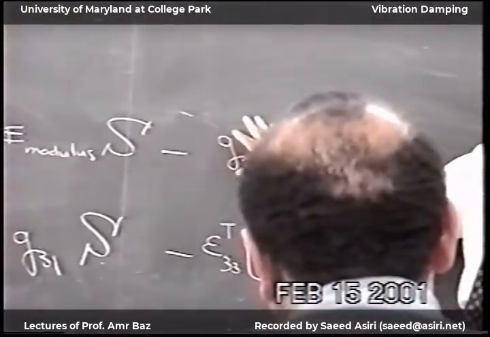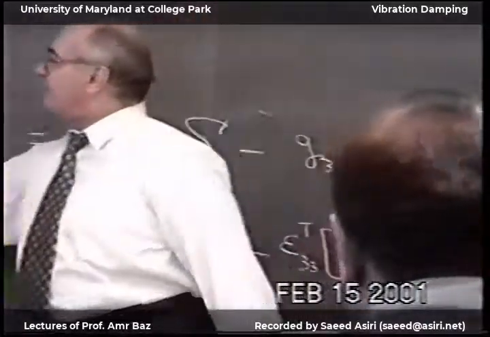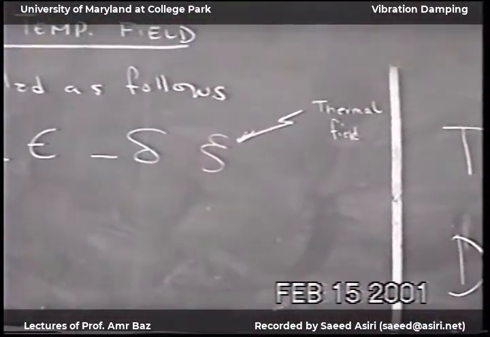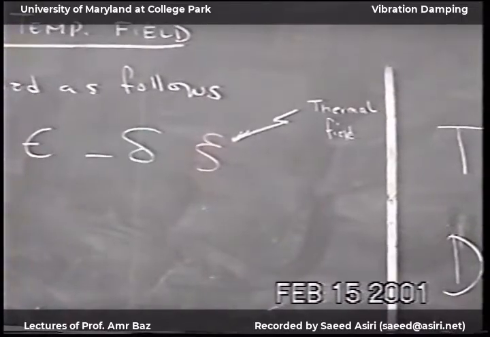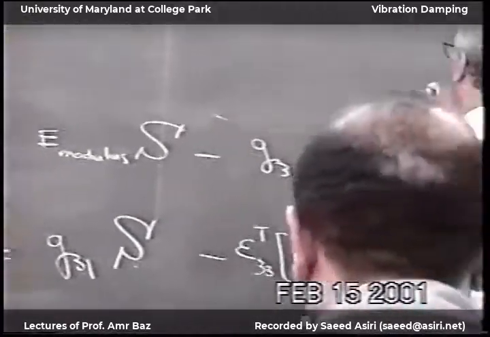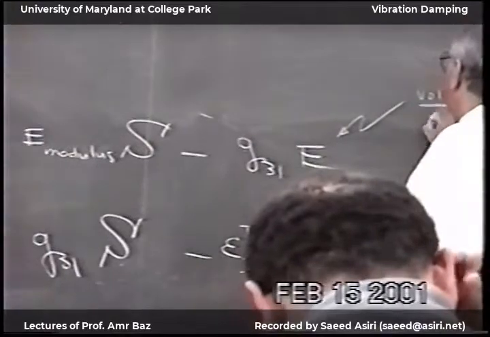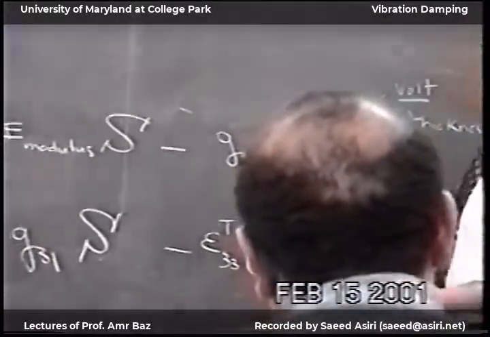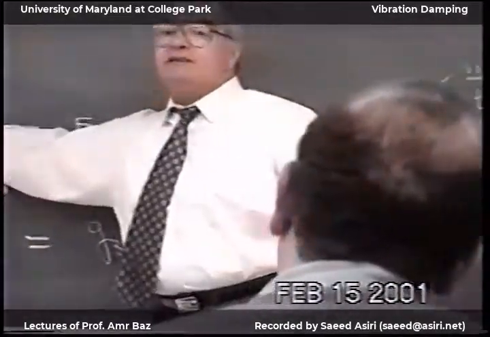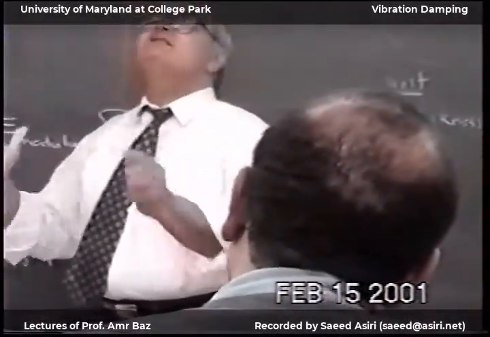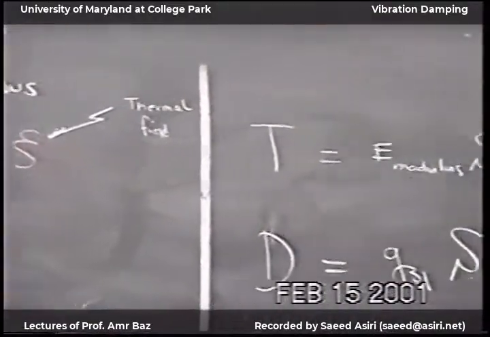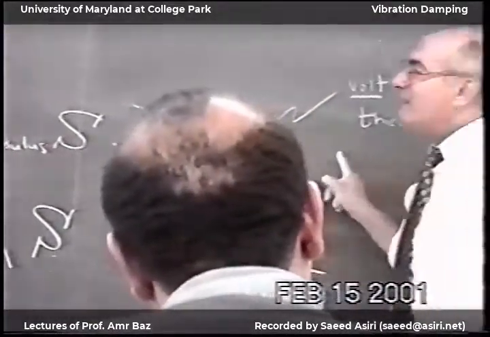So this is a property of the material. So is this delta. Now here is the electric field. The electric field was volt per unit thickness. Now I'm going to describe it here as thermal field. Thermal field is voltage difference divided by thickness.